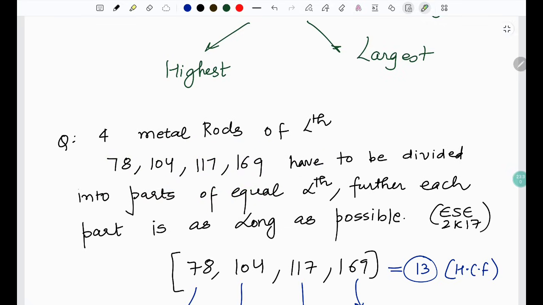So first of all, as I said, as long as possible is HCF. So we'll be taking the HCF of all these numbers. One can see 13 square, hence the HCF has to be 13.